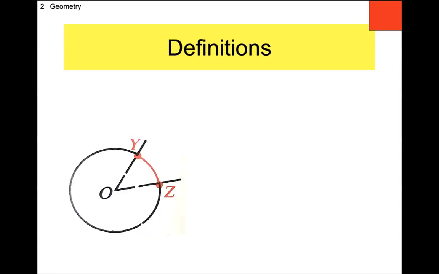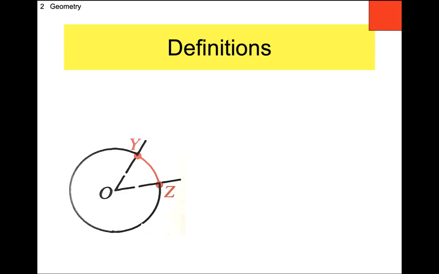All right, so clearly the central angle, if it intersects the circle, would have to intersect at a point. So the arm on the left would be point Y, the arm on the right would be point Z. And so we form this curved shape. We'll name it YZ, and it gets a special name. You may or may not know this name. It's pretty common.